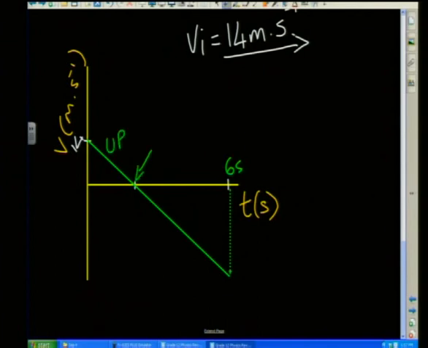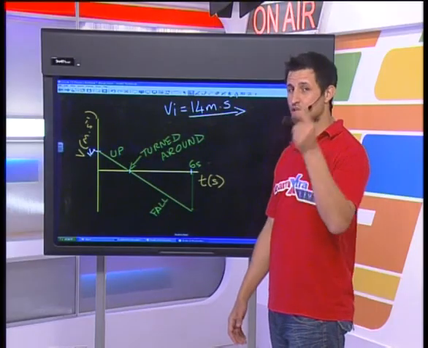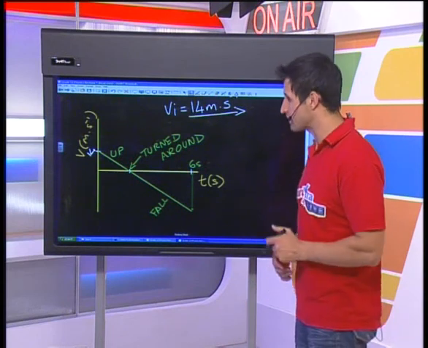This is a place where it turned around. I need to understand this. So this is where it turned around. And then what happened is that it fell all the way down. Okay? So this is the fall. This is the downward part. So then it went up, it stopped, it turned around, and then fell all that way down, all that 92.4 meters, all that way down.